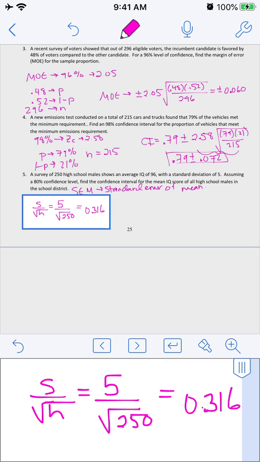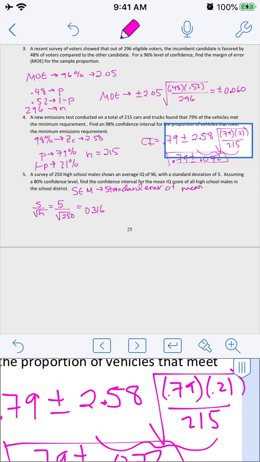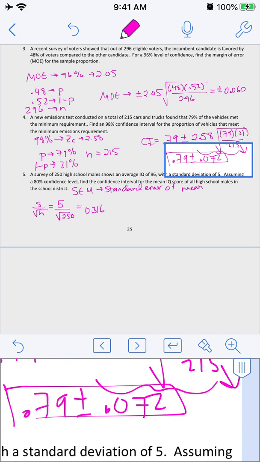Now how confident we are on that is going to help us build a confidence interval. We're going to rope this into the other pieces. But if they ask, that's the standard error of the mean. In this last problem, the standard error of proportion, 0.79 times 0.21, all divided by 215, square root that, was about 2%. This part right here was 0.027.